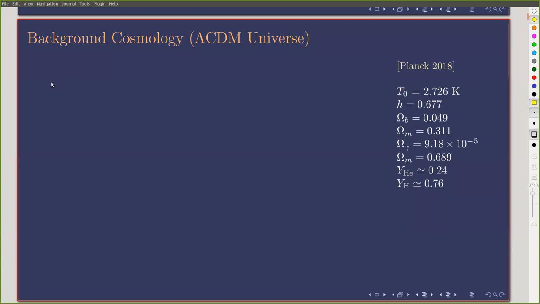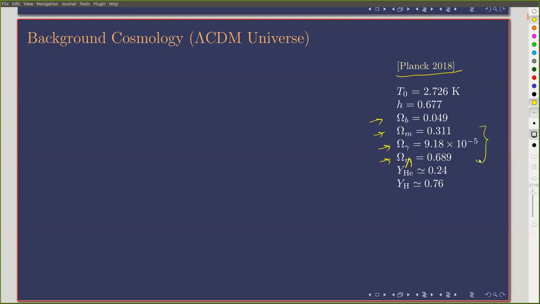First of all, I'll begin by giving the basic constants that we'll be using. This is from the latest Planck results, and these are the densities for baryons, for matter, for radiation, and this is lambda, for the dark energy, the cosmological constant.